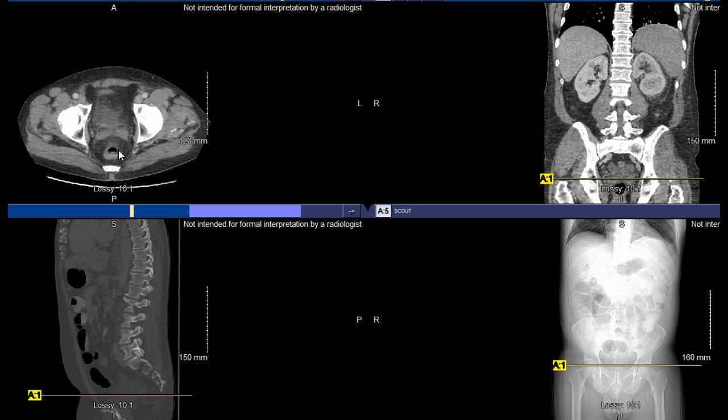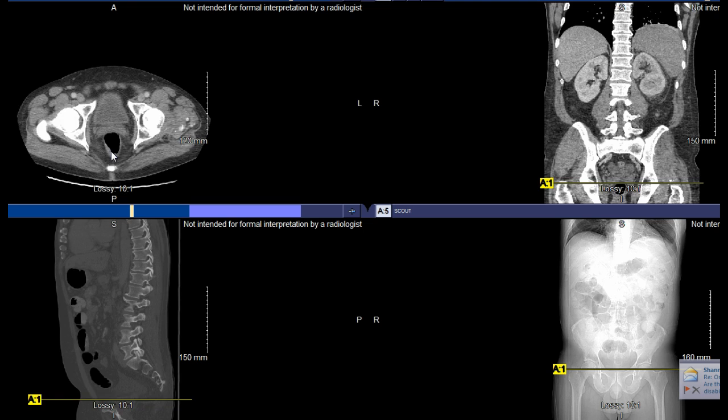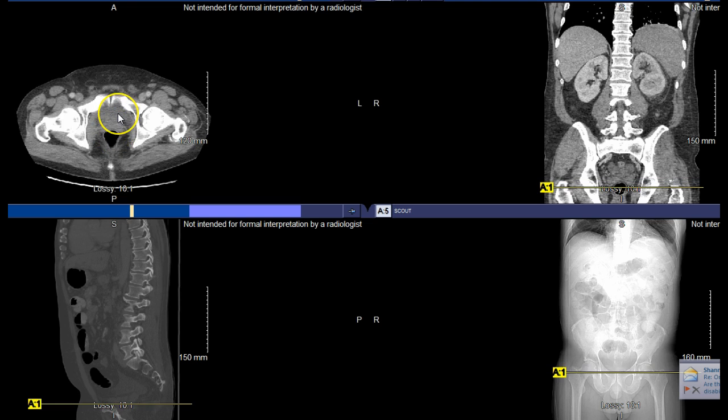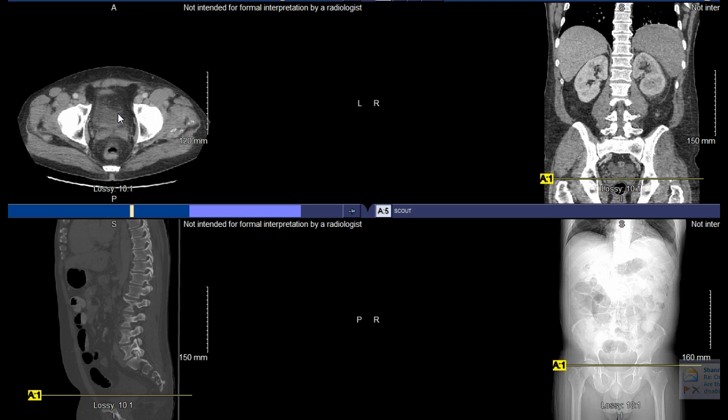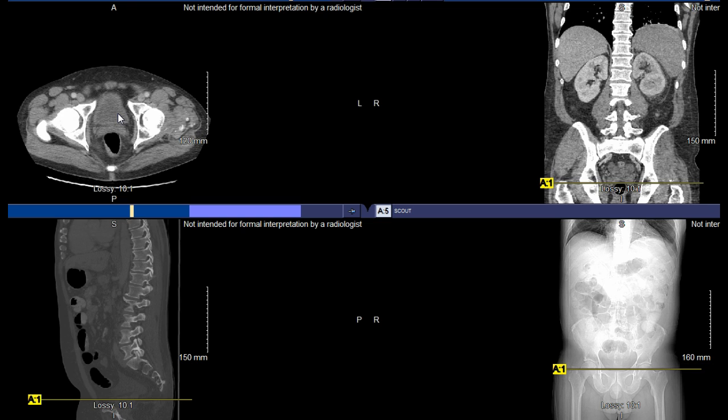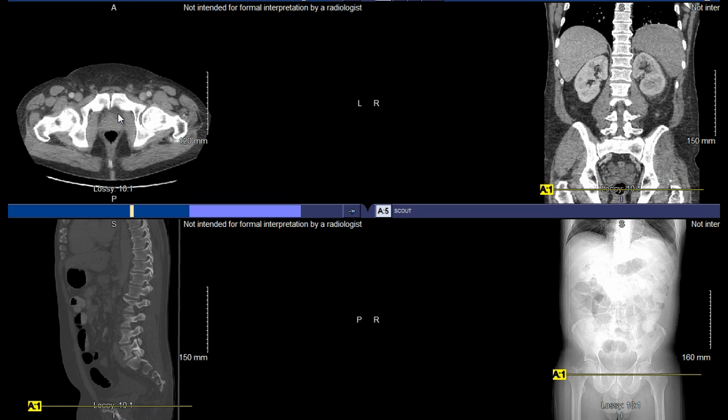This patient's rectum is easier to identify here because it's air filled, so we can see that quite well. And subsequently, as we go down, we should not be demonstrating the bladder as much, but we should be demonstrating the prostate gland. The prostate gland is demonstrated right here, immediately anterior to the region of the rectum.